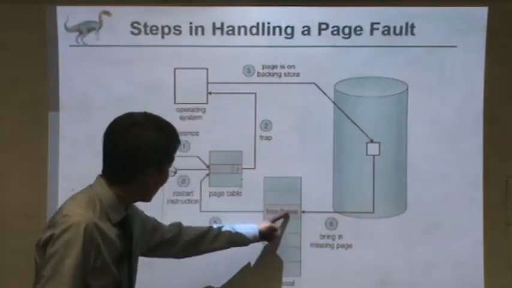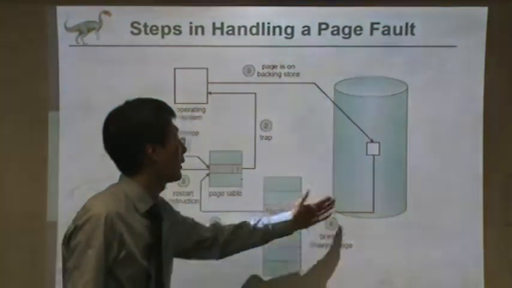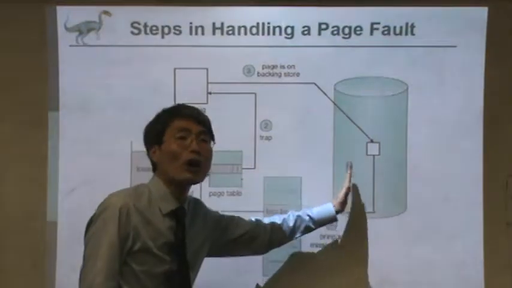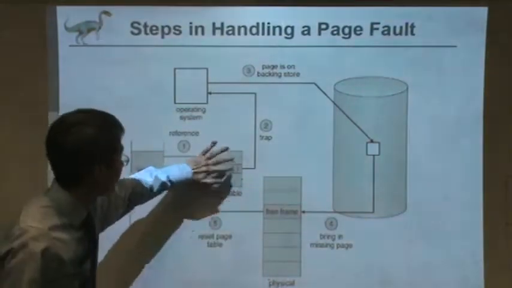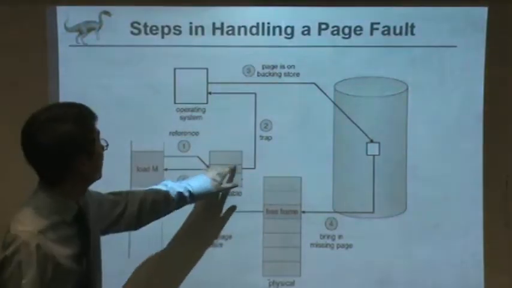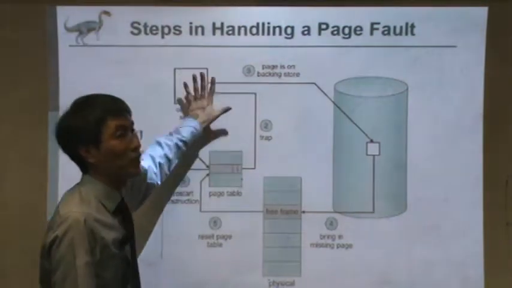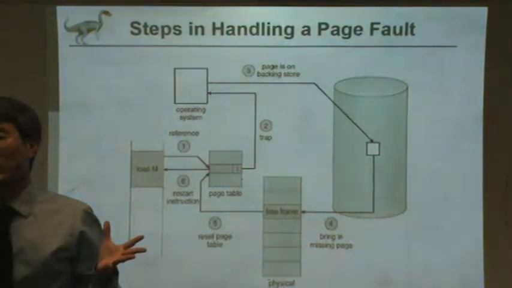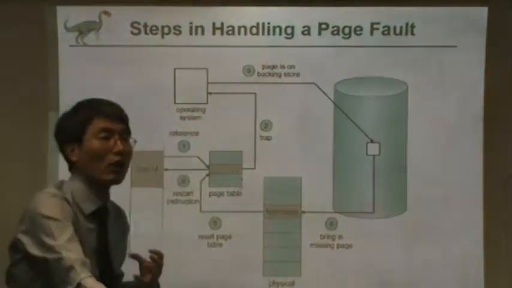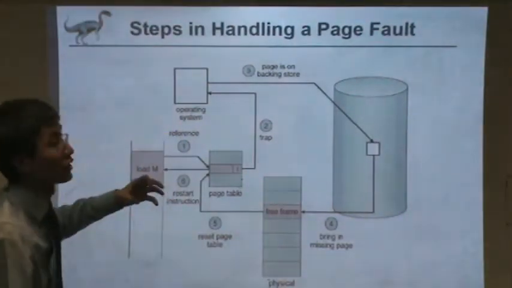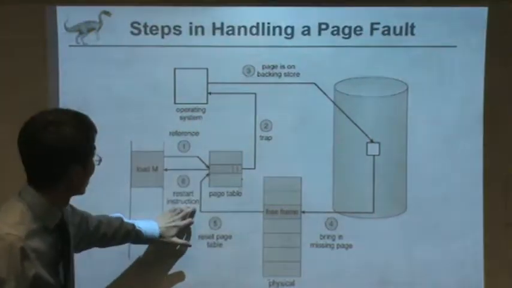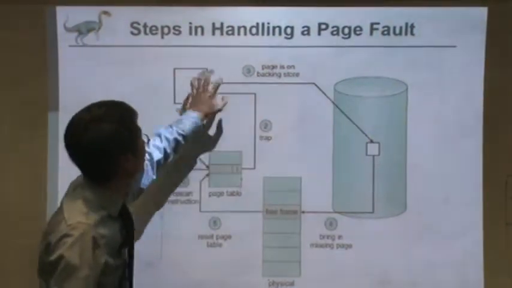Then once we find the free frame, we load it, which is a swap in in terms of the page, or page in. Then update the page table, and the page is valid. During that time, the CPU does not wait until it is available. Instead, it will process another process. It's a context switch. So at this time there is a trap, so process other.